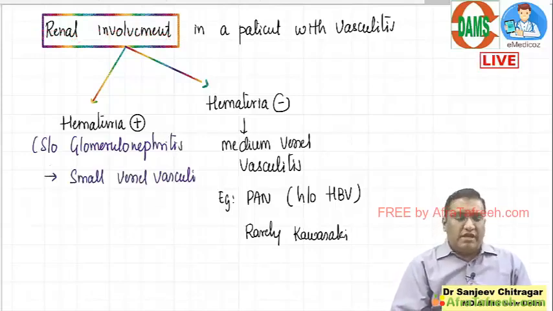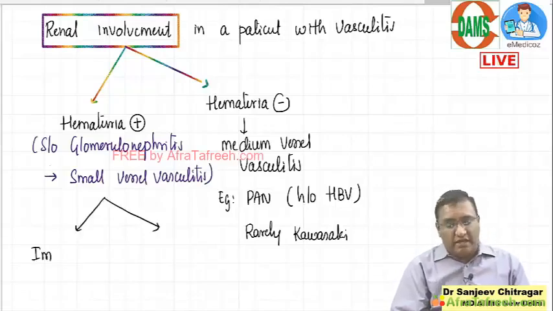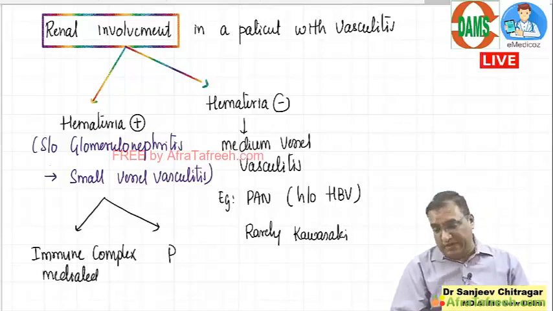So very important, if you are suspecting a small vessel vasculitis, there are multiple differentials again. It could be immune complex mediated or it could be pauci-immune mediated. So two important.